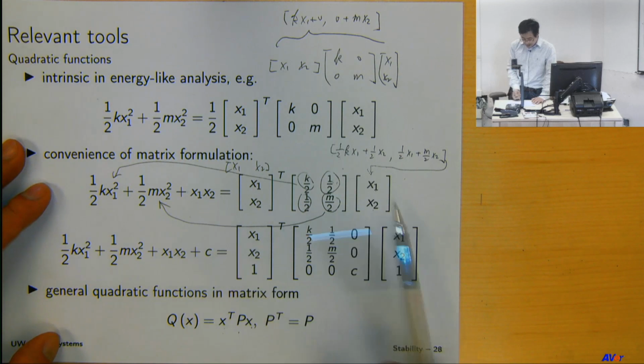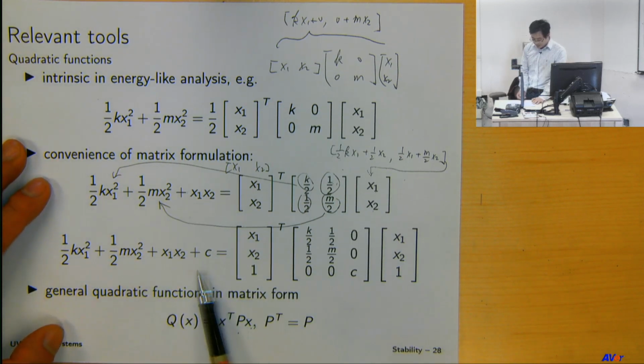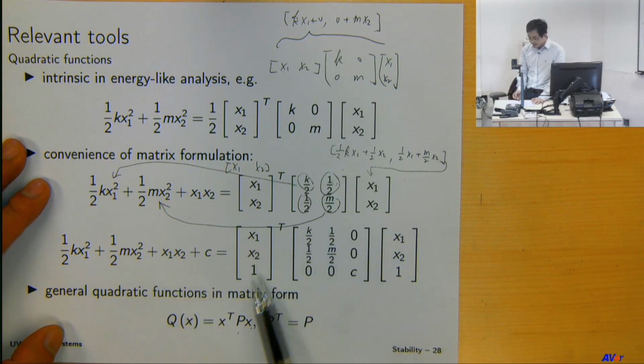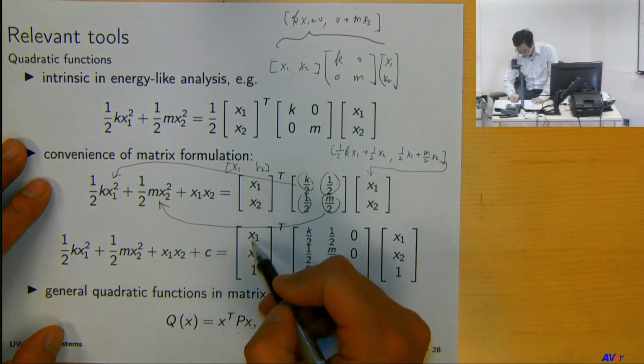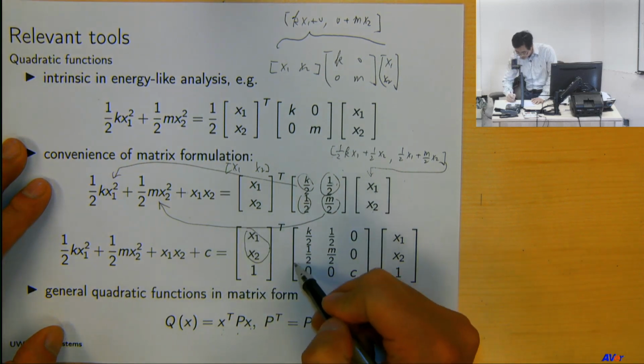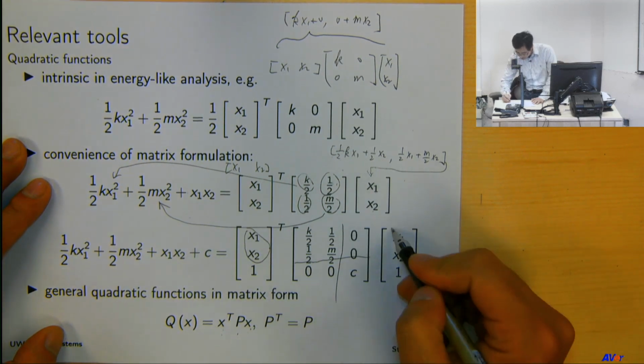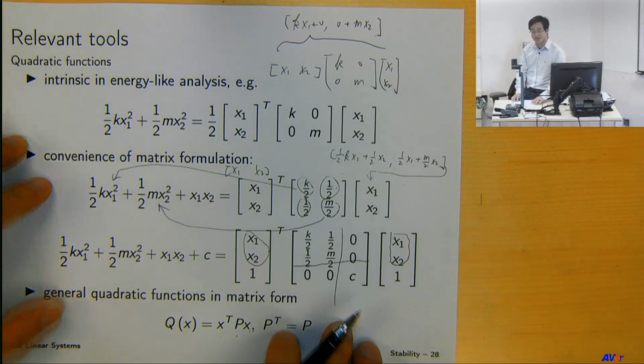Okay? Things can get even more interesting if you have not just a square term but also a cross product term and then a constant term. It is again a vector transpose times a matrix times a vector. You can double check by looking at it from a block matrix perspective.